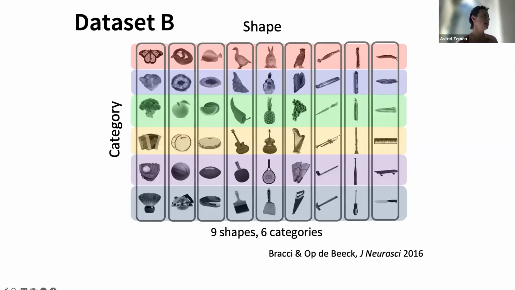And in the second data set, we had many more. We had 6 categories and 9 different shapes. And I guess one of the main differences to note is, say, the final 3 columns, which show that the orientation of elongated shapes is represented in distinct ways.